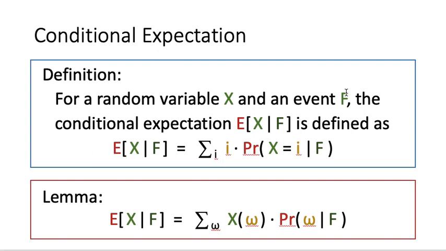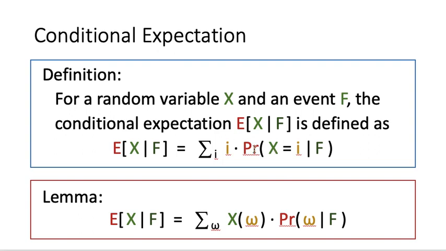When we have this new event, it should change our view of the probability of each outcome. It will change the probability that X is equal to 1, the probability that X is equal to 2, and so on and so forth. So when F, a certain event, is given, we should expect something different about the expectation of X, because the probability changes.